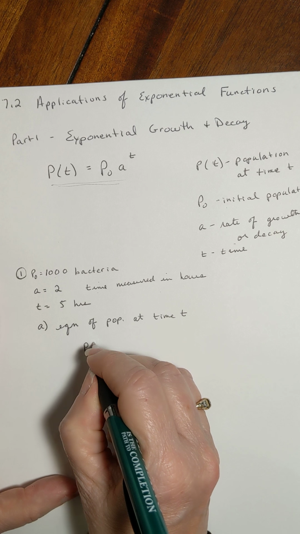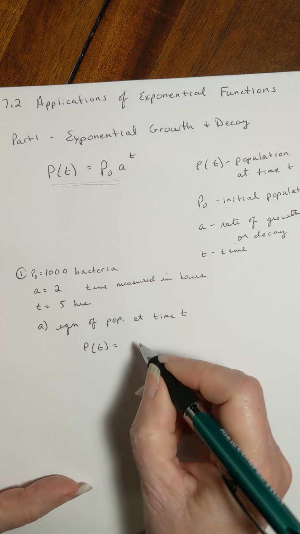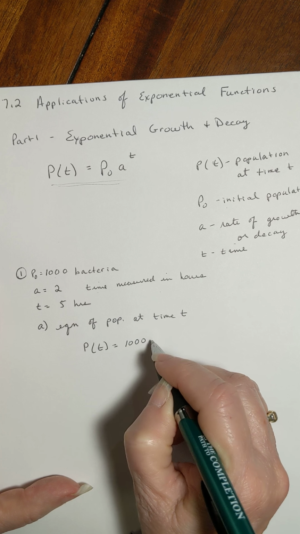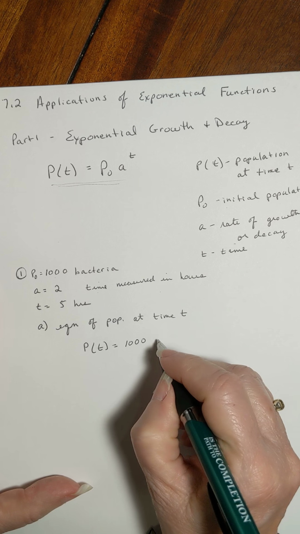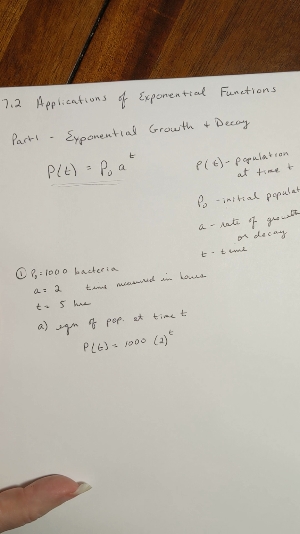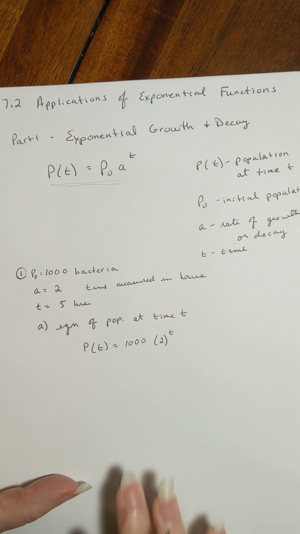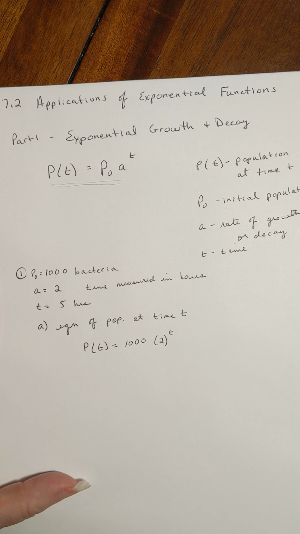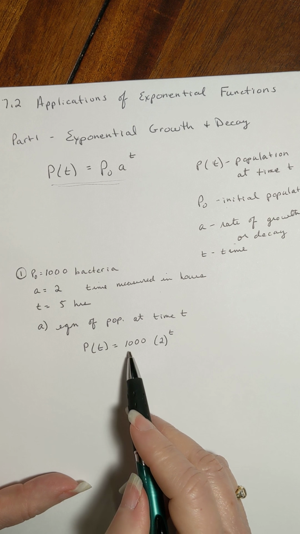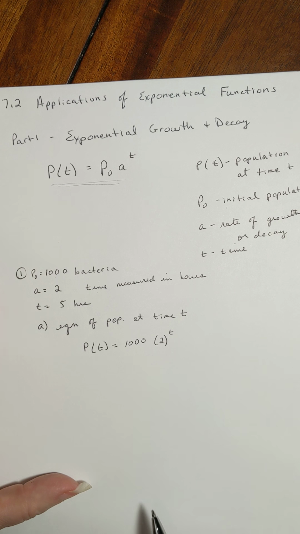So P of t is just going to be P0, which is 1,000, times A, which is 2, to the t. And so that's my equation, and this is how you would write it on the first part of this question. You just write P of t equals 1000 times 2 to the t.